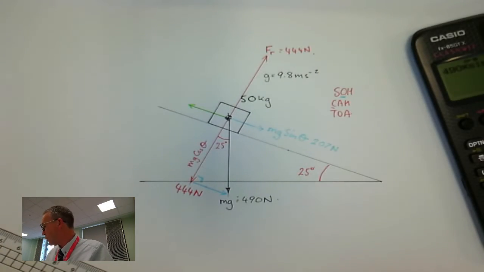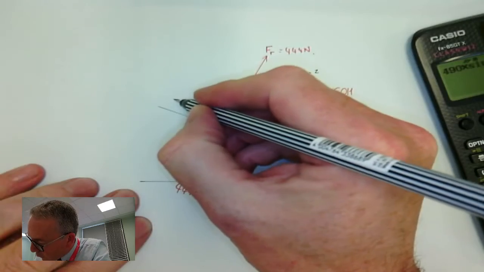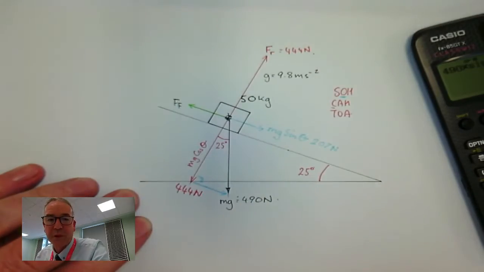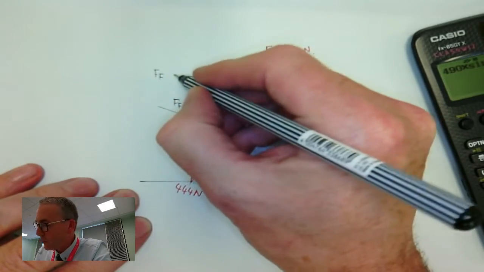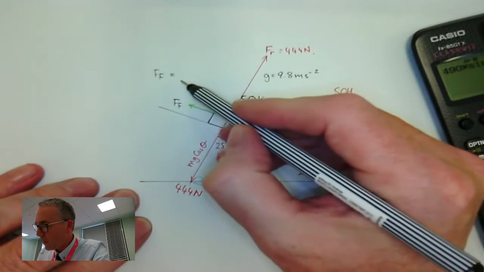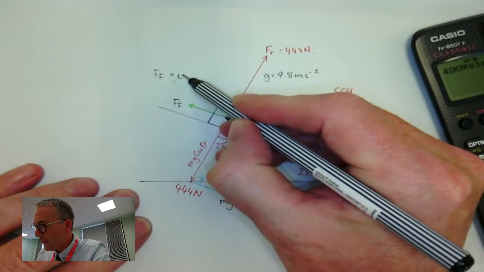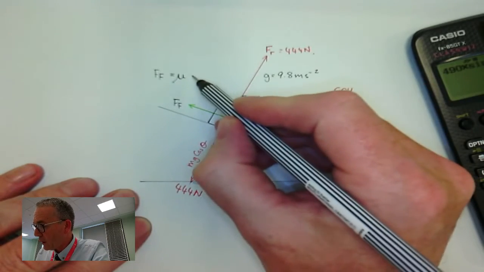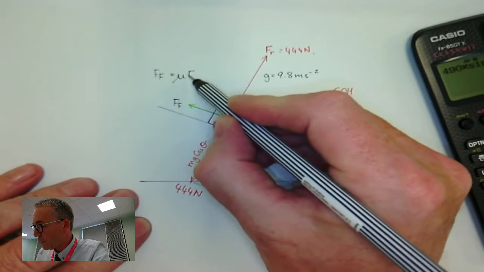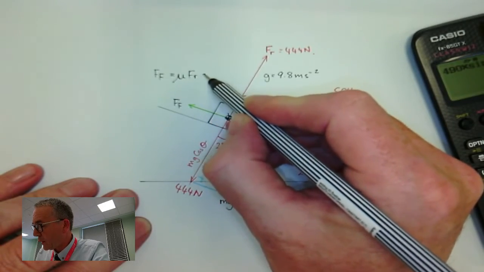I'm going to change pen because the green pen's not the most distinctive to see. So the frictional force, we'll label that FF, is going to be equal to the coefficient of friction multiplied by the resulting force, which would give me a downward force.